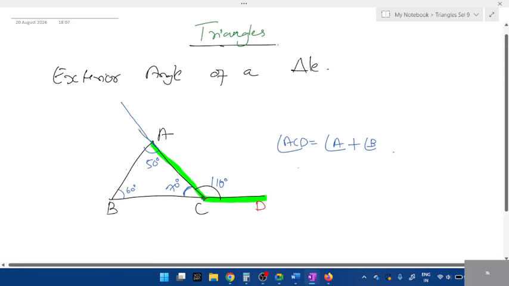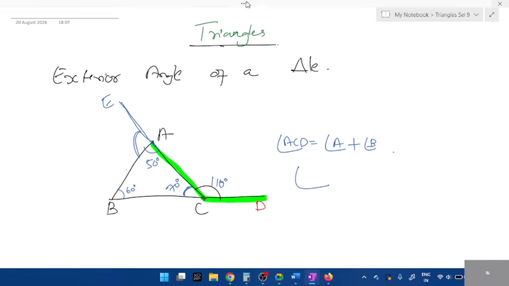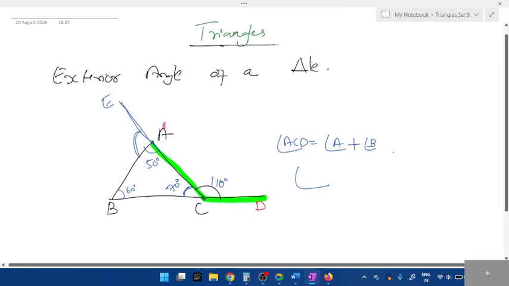Now, if I extend a line like this and I'll name it E, students. Now tell me the exterior angle. What's the exterior angle formed? What's the other exterior angle formed? You can take anything. You can either start from E or B. Anything is fine. Nobody is responding. Other exterior angle. This one.